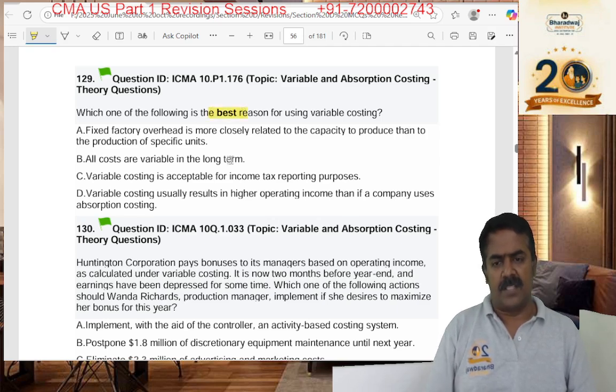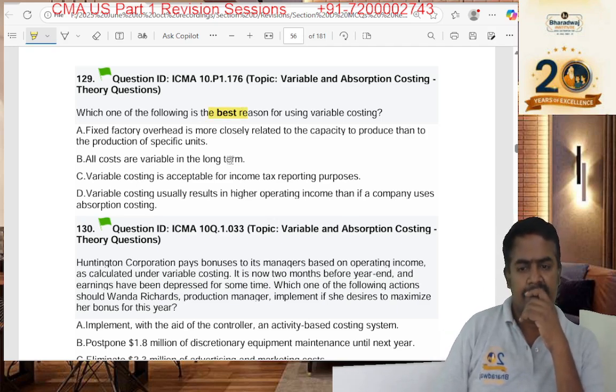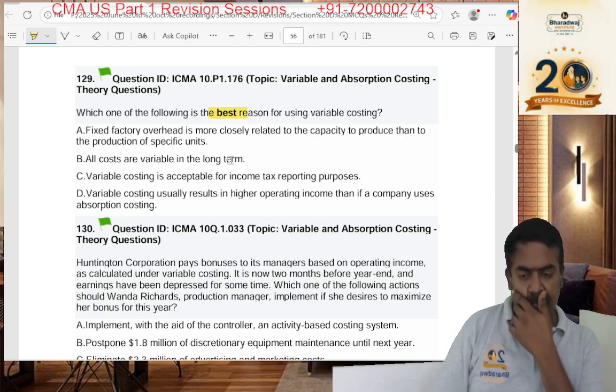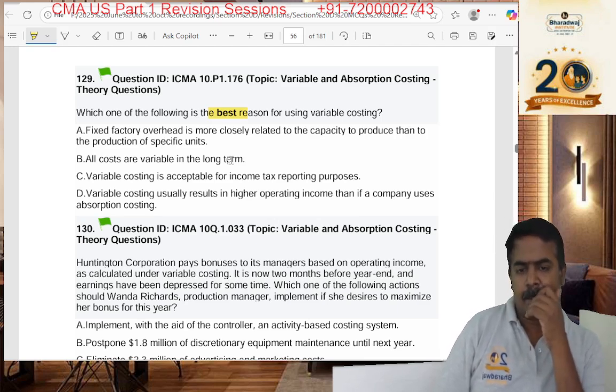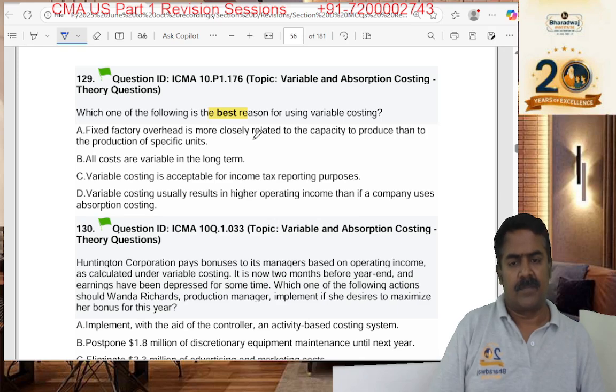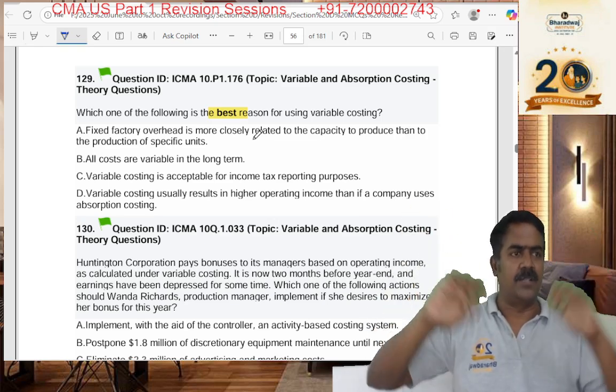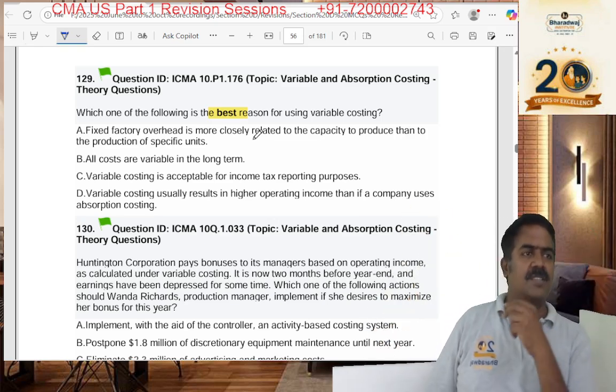What is the best reason for using variable costing? Option A. For example, we have capacity to accommodate 30 students, but only 2 students are there.